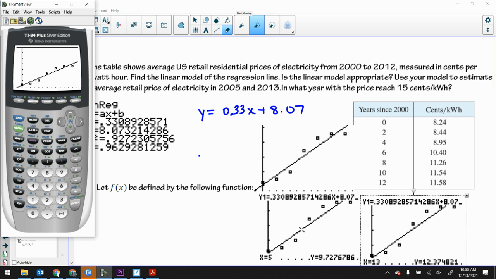Now I need to see that intersection point, which is somewhere out here. So I'll zoom out, Zoom 3, and then you just have to hit enter to make it happen. And then second calculate, intersect, 5, enter, enter, enter. There it is. Make sense?